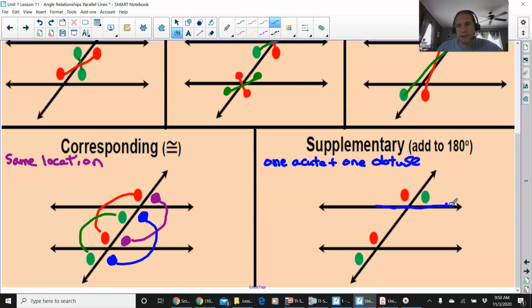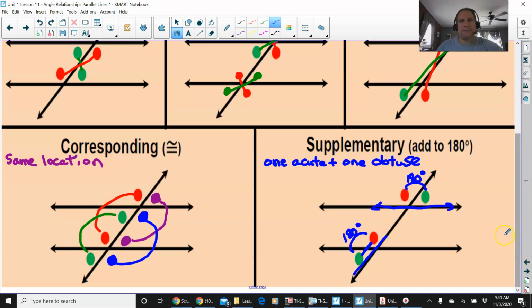That is 180 degrees. Straight line, one obtuse, one acute, add together, that's 180 degrees. These angles right here, they add up to be 180 degrees. They're supplementary angles. One obtuse, one acute.